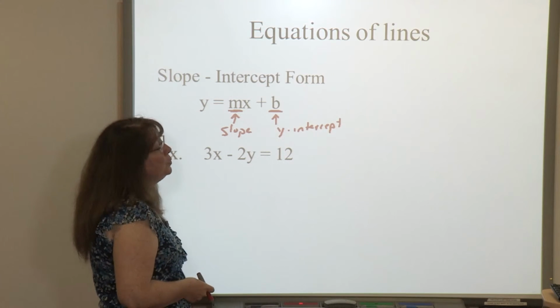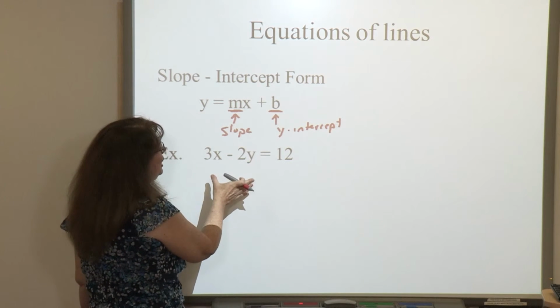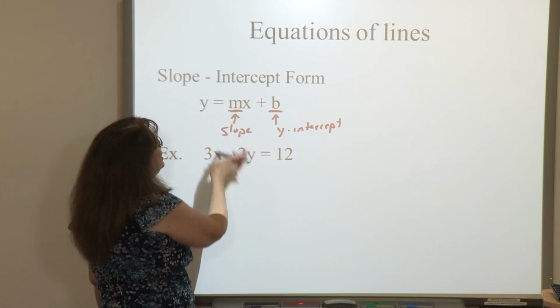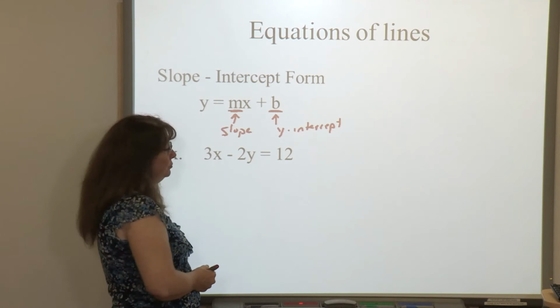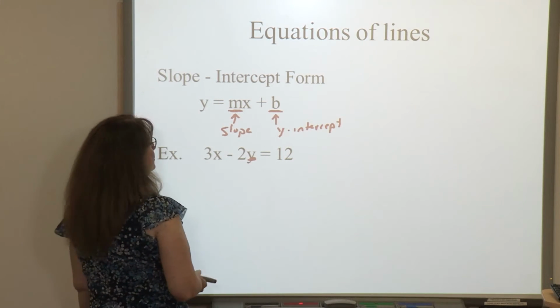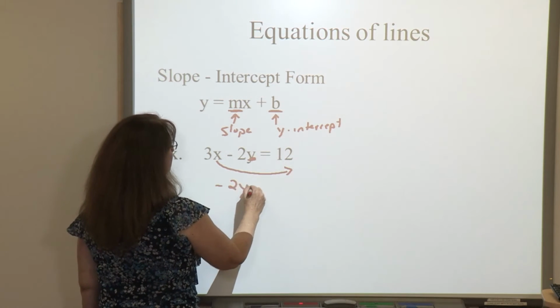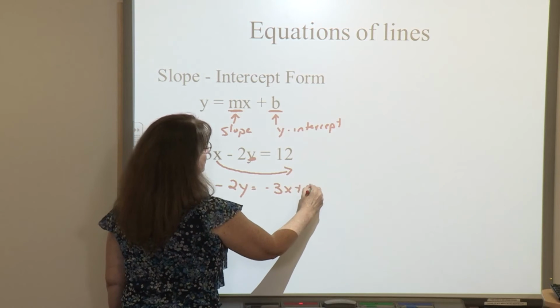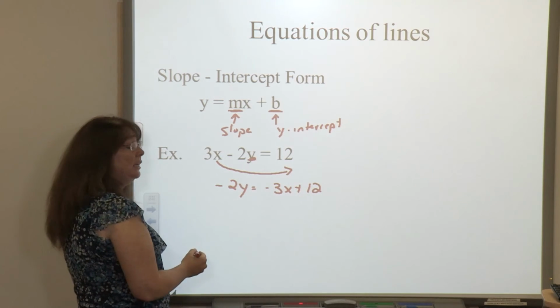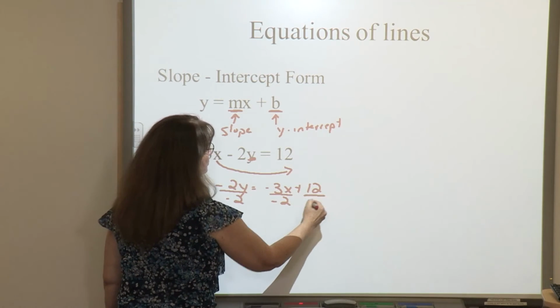Here's the equation we used when we did it with intercepts. So let's take the same equation, and let's see if we can change it from the standard form into the slope-intercept form. I'm going to want to get y by itself and move everything else to the other side. So I'm going to start by subtracting 3x from both sides, and then dividing each term by -2.